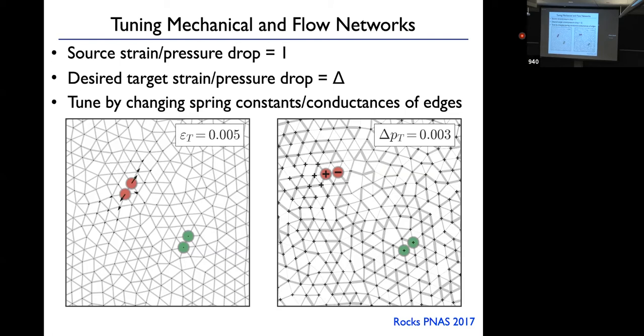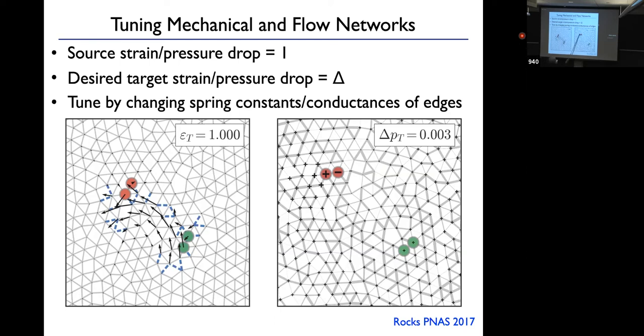And now I'm going to start tuning by gradient descent. And as I change the stiffnesses of my springs, the target strain just goes up and up and up, until I reach the desired value, which in this case is 1. So I did it. These blue dashed ones are springs that effectively get removed entirely.